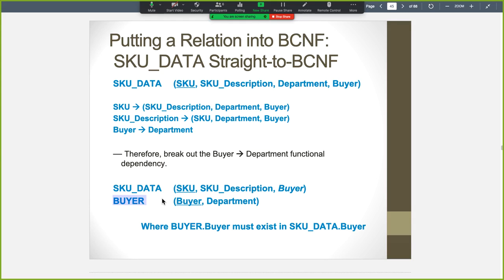So entity relationship diagrams, conceptual modeling, or normalization, both of them will reach a similar database design. Right? That's something you will find later will merge together. But here we look at the database design from normalization theory, going straight to BCNF.